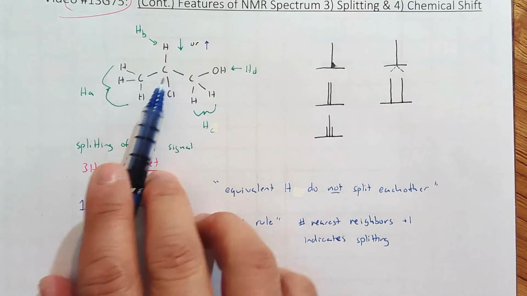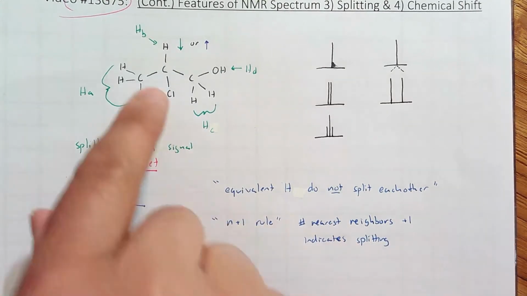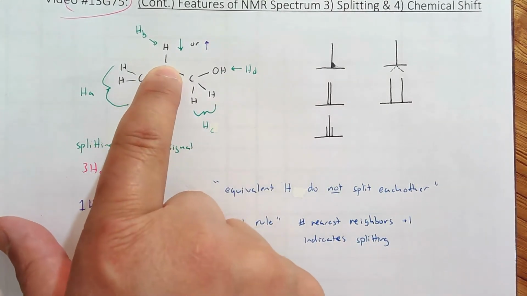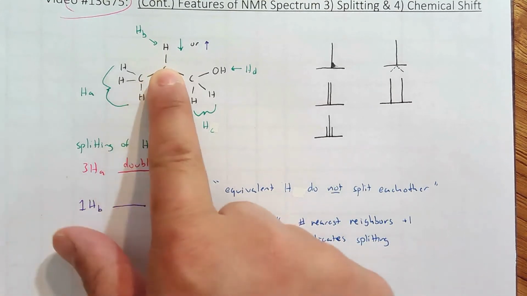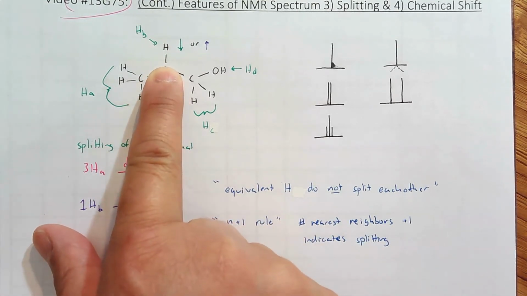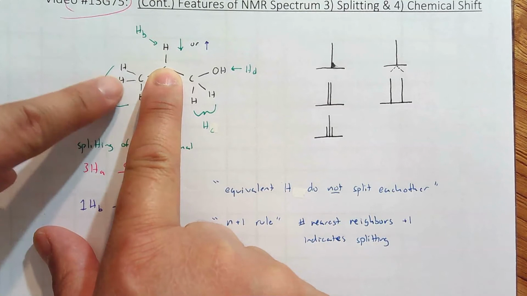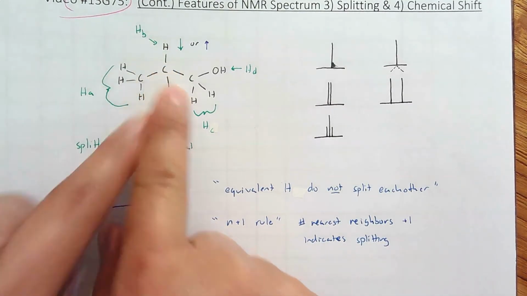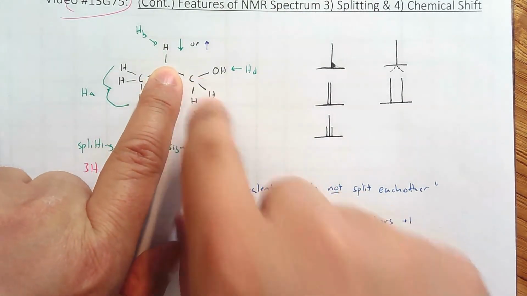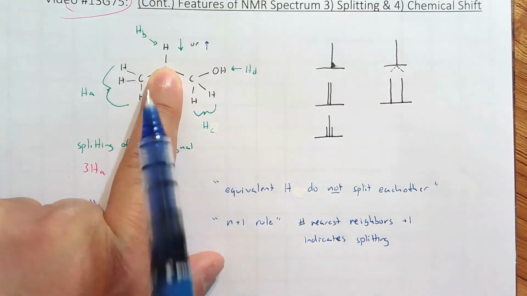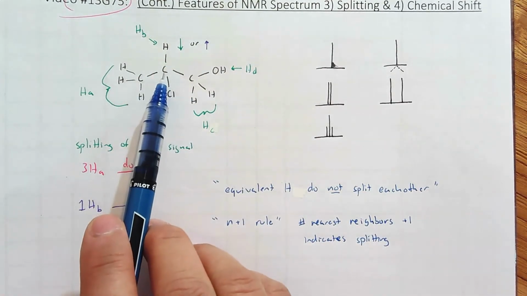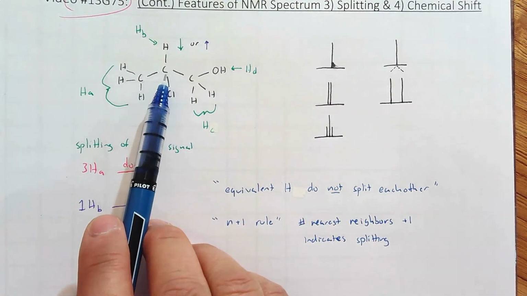Okay? Well, the trick is put your hand on the house that you are curious about, and ask yourself, where are the nearest neighbors? Who lives in the house to the left? And how many live in the house to the right? So I point to the carbon that has the hydrogen I'm interested in, and I'm figuring out how is that signal split.